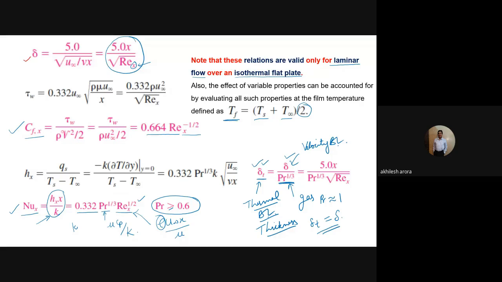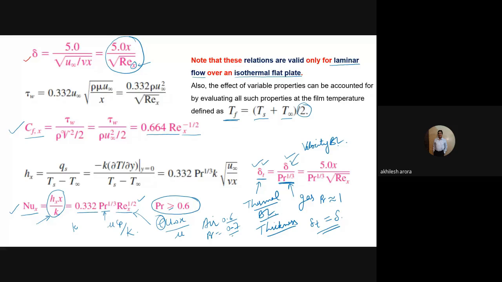For air, the Prandtl number lies in the range of 0.6 to 0.7, depending upon the temperature at which we calculate it. So in the case of air, we can say the Prandtl number is approximately 1, and the velocity boundary layer thickness and the thermal boundary layer thickness will be the same.